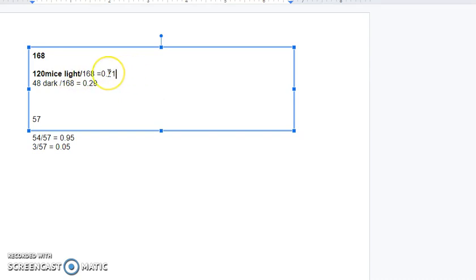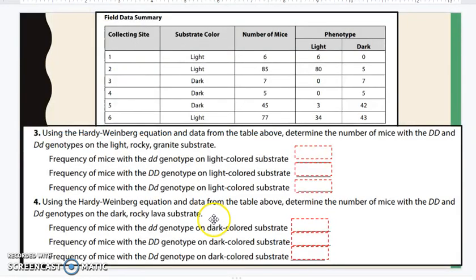71% of the population has a light phenotype. That is our q squared. So our q squared, the frequency of mice with the homozygous recessive, would be 0.71. Now we need to find our p and our q in order to calculate the homozygous dominant and the heterozygous.